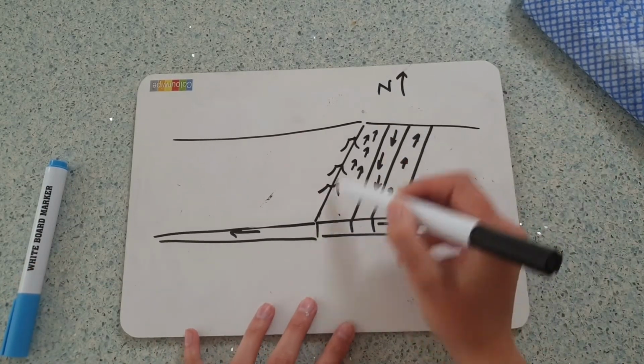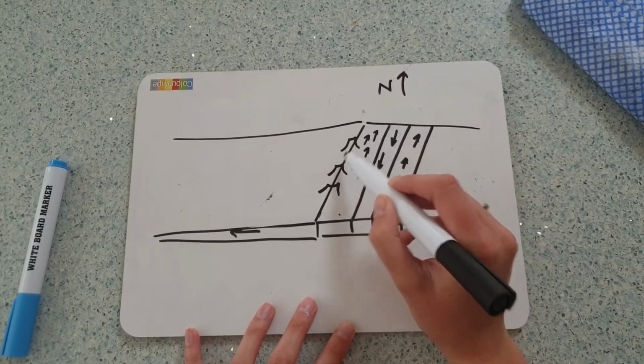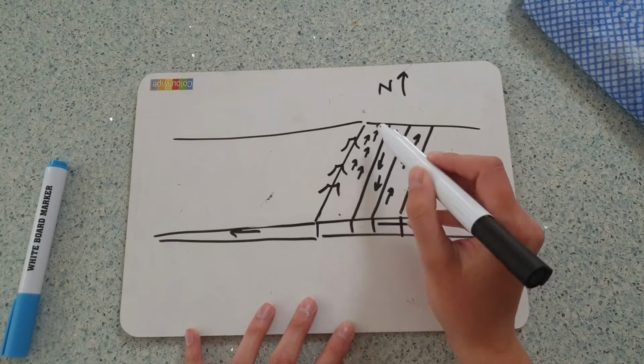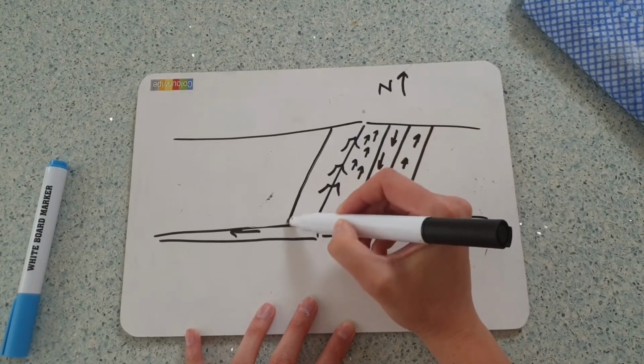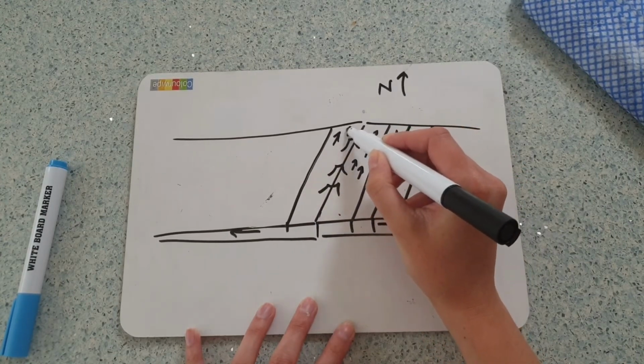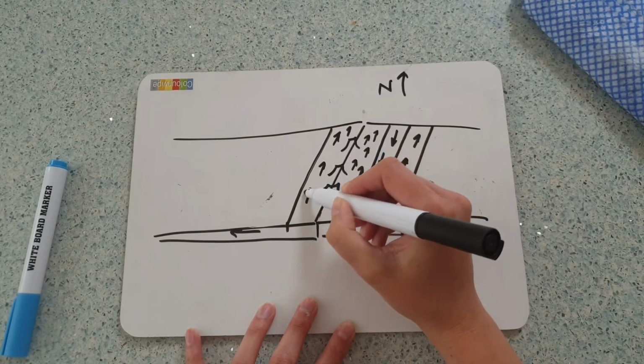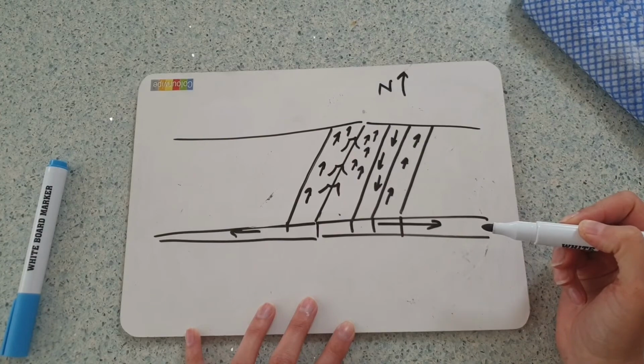So what they found is that along the mid-ocean ridge, one side of the ridge would all be aligned north. They also found on the other side an equal width of rock would also be aligned magnetically north.